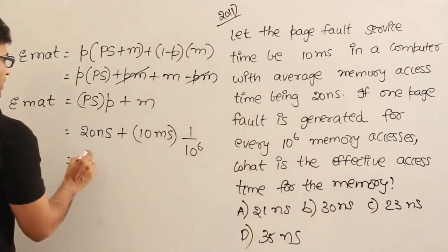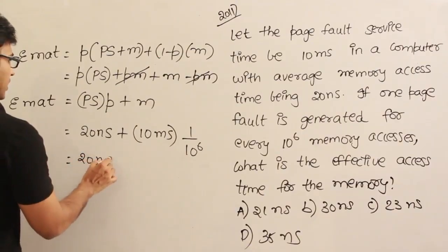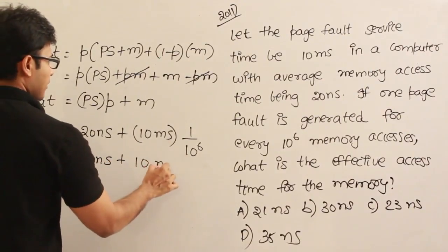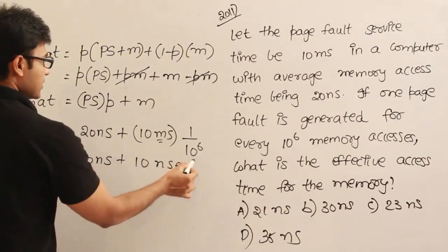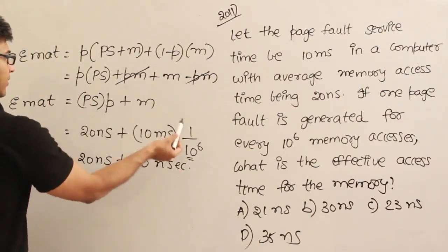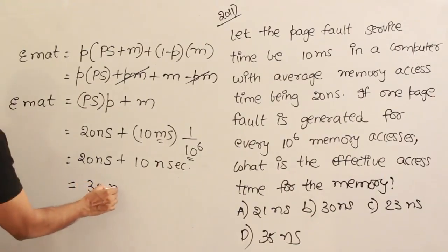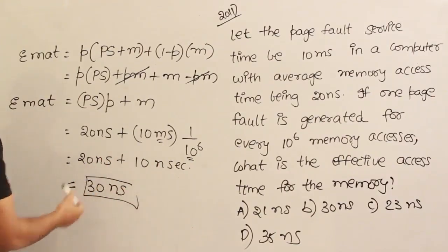So this is 20 nanoseconds plus 10 nanoseconds: milli is already there, and with 10 power 6 it becomes 10 power minus 6. So the entire thing is going to be 30 nanoseconds.